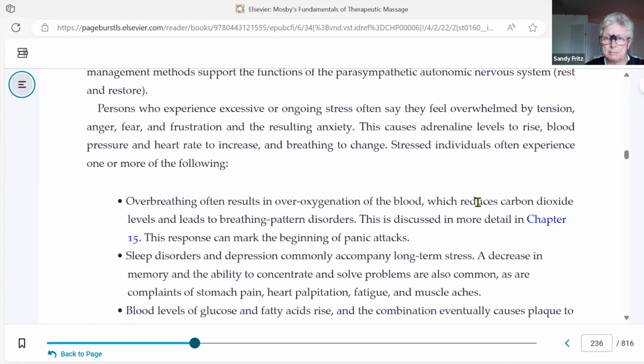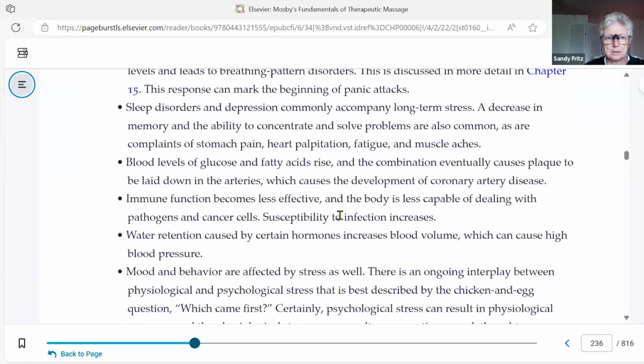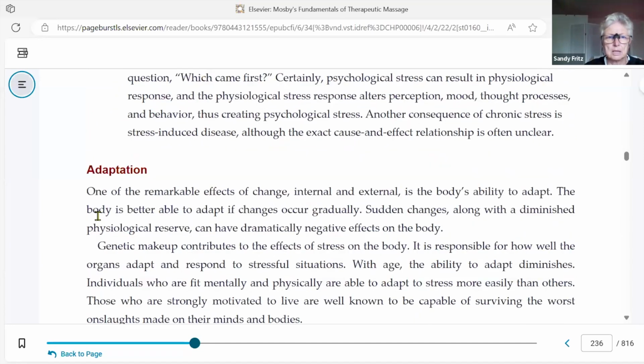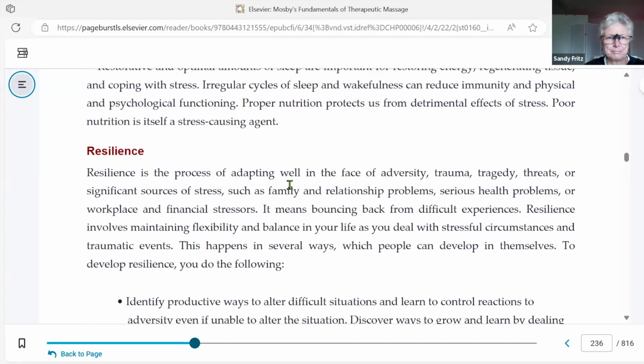And this is where breathing pattern disorder that we looked at in the last chapter comes in. And then how we try to adapt around all that. And it amazes me every single day when I wake up and I'm alive, how well and how miraculous the adaptation process is for our human experience here.